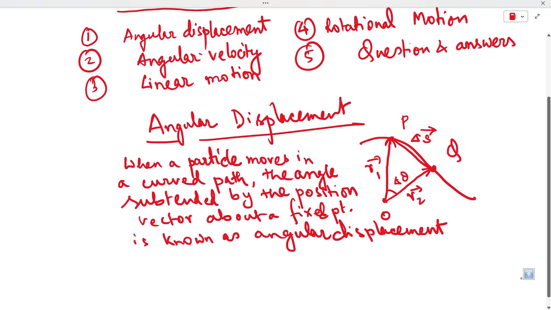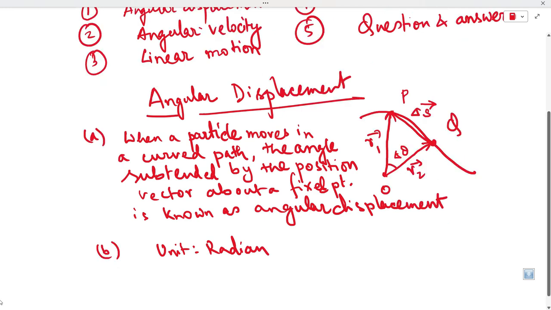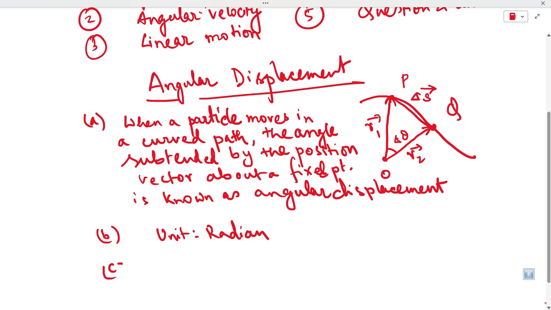Here, let us call this point A and this B. So the unit is radian. Dimension: if I do the dimension balance, it is M0 L0 T0.